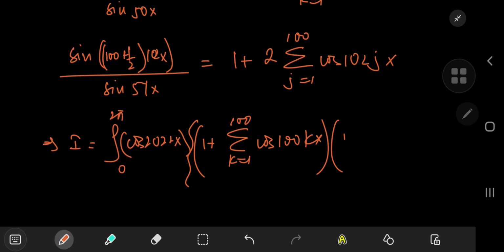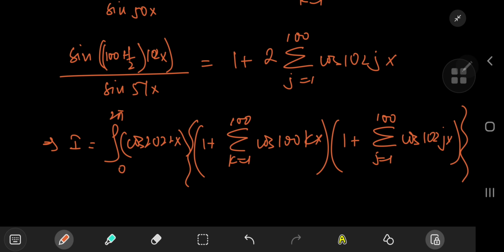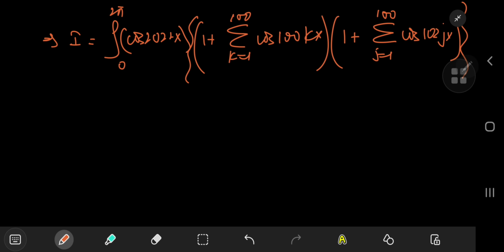So multiplied by 1 plus the sum over j from 1 to 100 of the cosine of 102jx. Okay, cool. Although this looks daunting, you actually have some pretty satisfying results popping up here. So you have the integral from 0 to 2 pi of a lot of stuff, and one of that stuff is the cosine of 2022x.